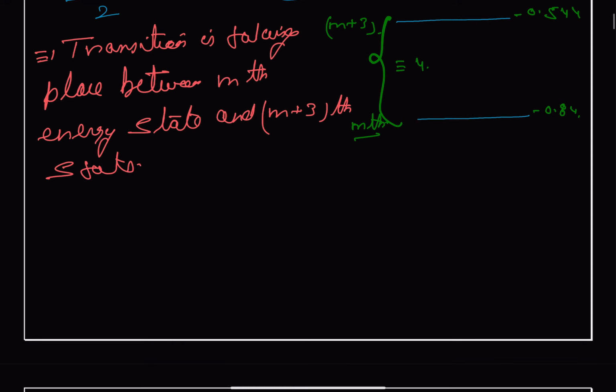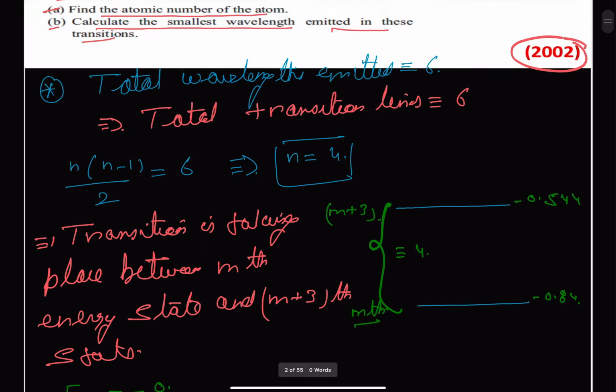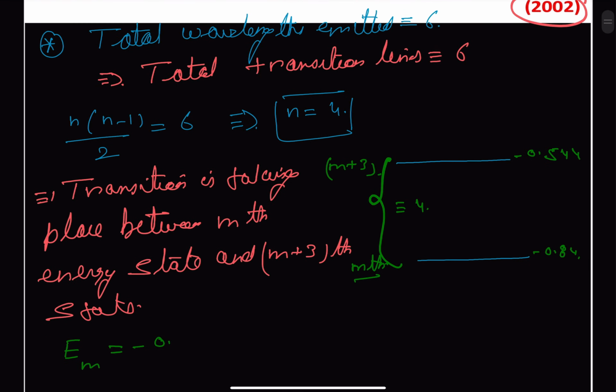Therefore, for the mth energy state, E of m will be equal to minus 0.85.